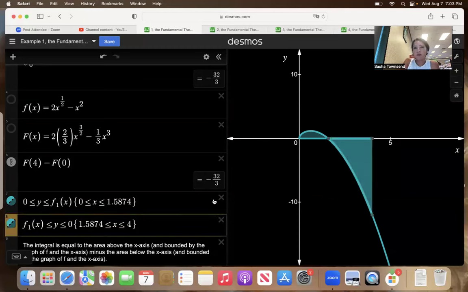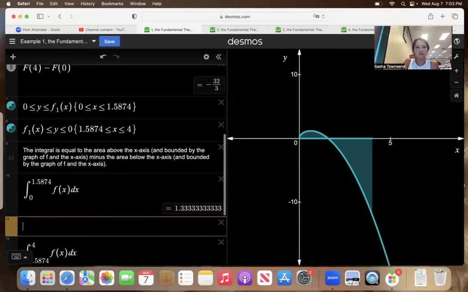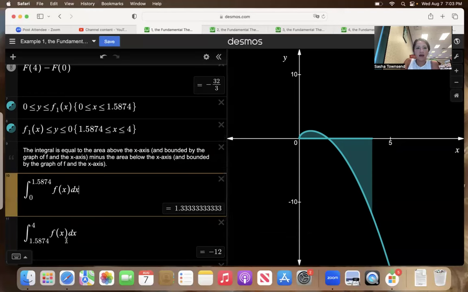Now, if we want to, we could calculate this area and that area and then subtract them by evaluating the integral from 0 to that 1.5874. We get that. And then the area from 1.5874 to 4. And it turns out that that area is 12 square units.